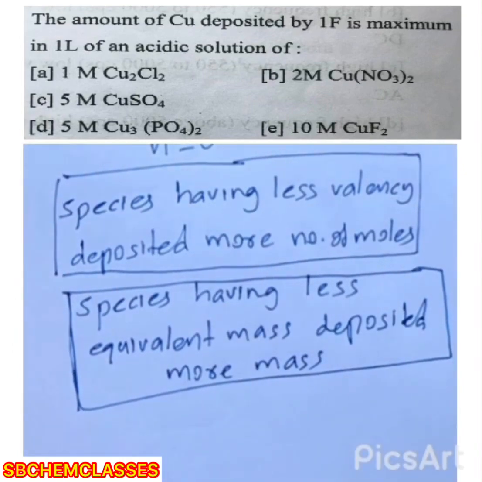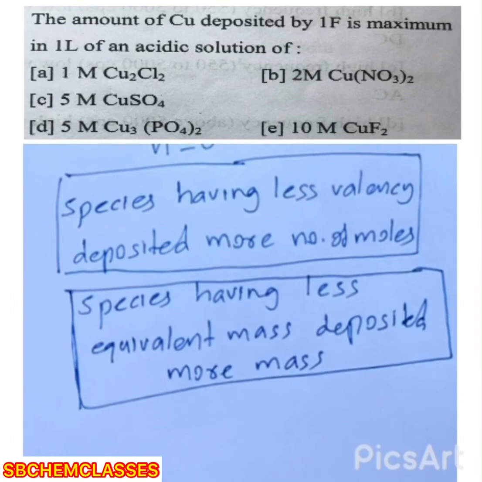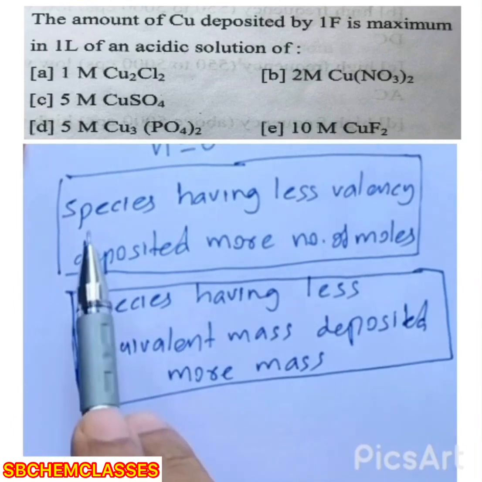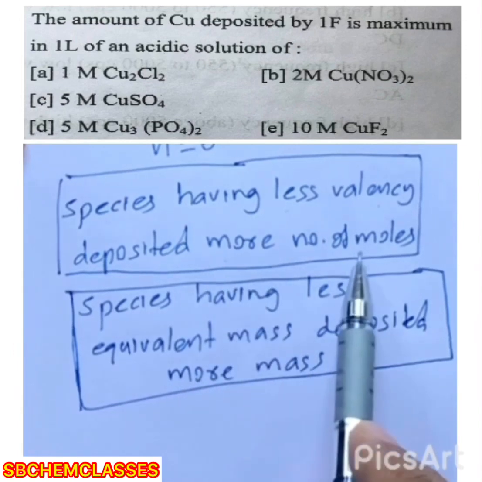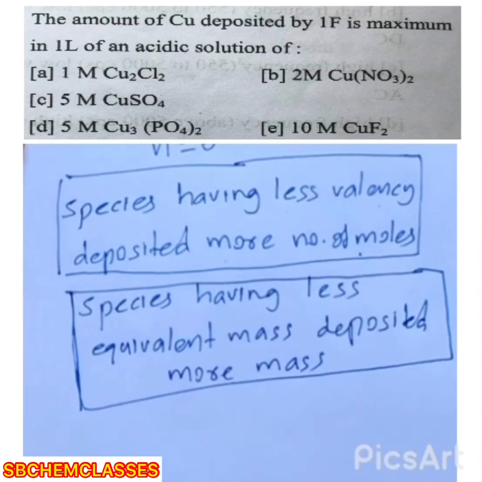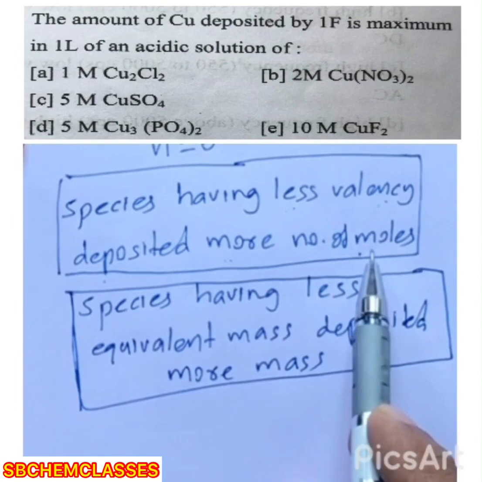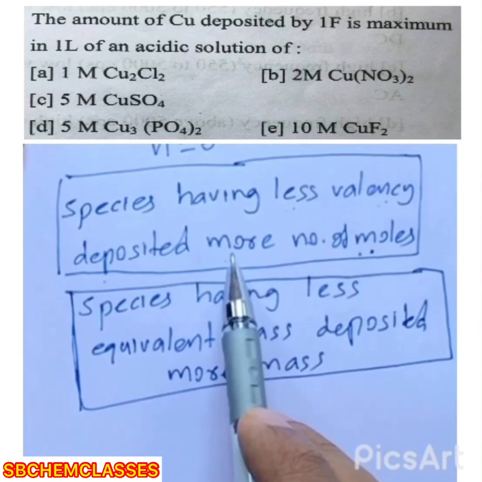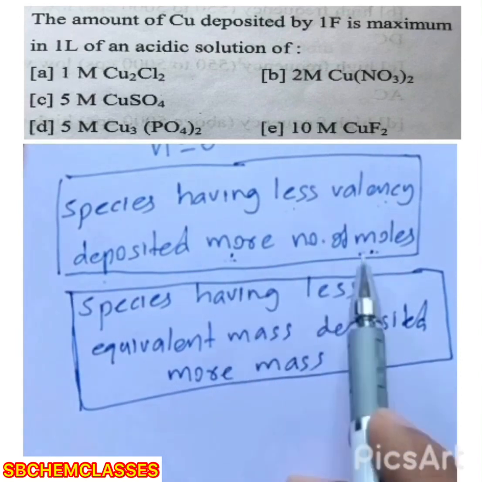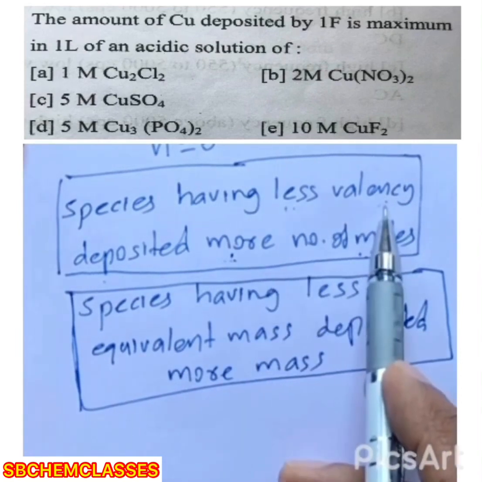Based on this question, we have to focus on 2 points. Species having less valency deposit more number of moles. In this question, option A has copper charge +1, that is less valency, so it deposits more number of moles. So if you get a question like this, the substance that gives more number of moles will have less valency.